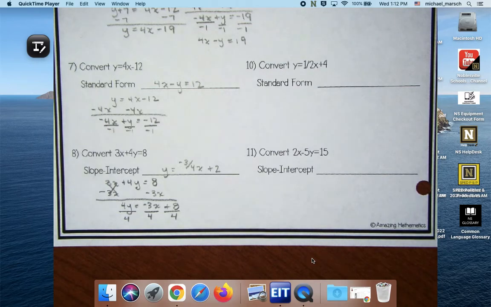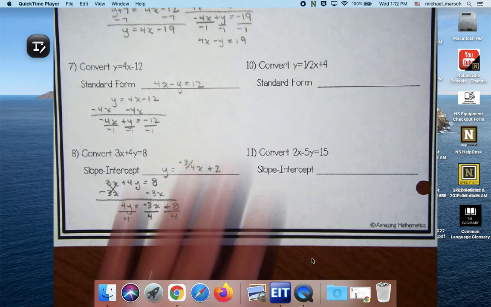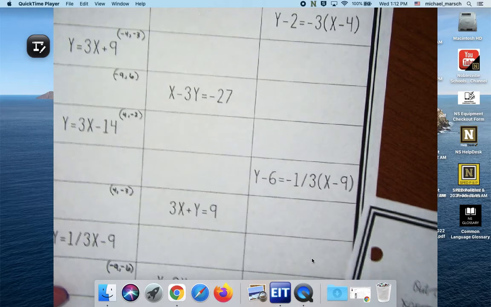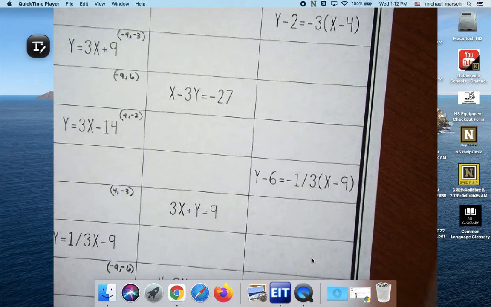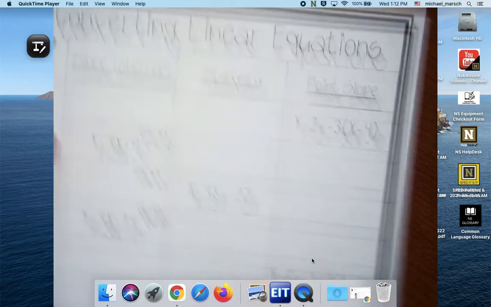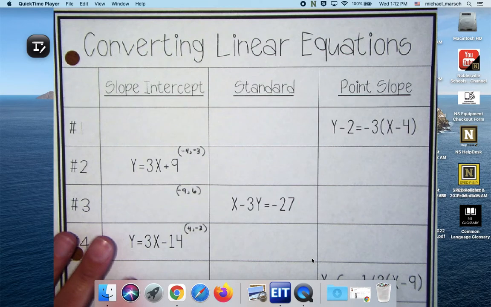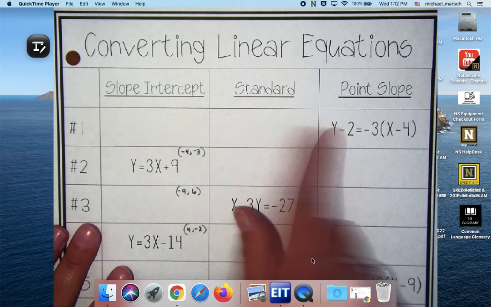So if you look here on this paper, I'm sorry? You were missing one paper. Oh, go ahead and grab one. I'm so sorry. Next page. There you go. Okay. So you are given one of the 3 forms.